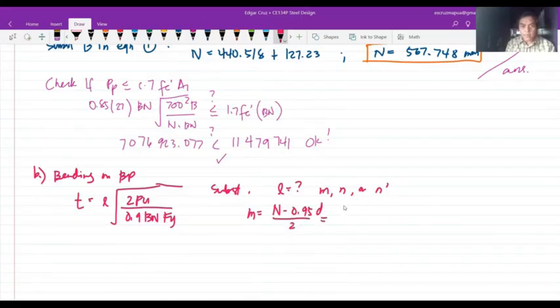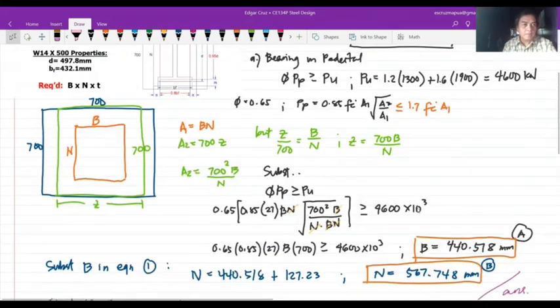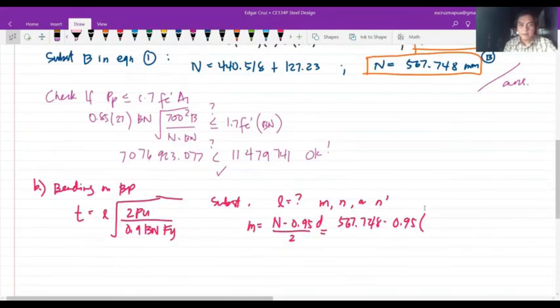So yung N natin, yung 567.748 minus 0.95 of D, ang D natin is 497.8 over 2.